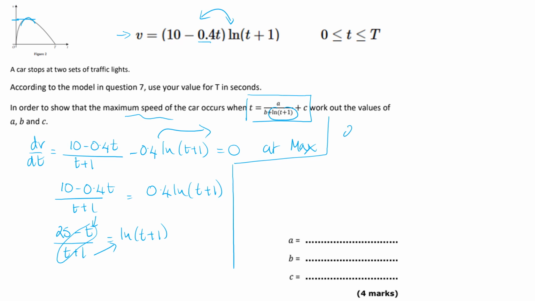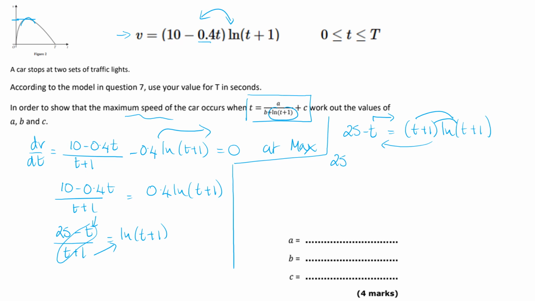So if I say 25 minus t is equal to t plus 1 times the ln of t plus 1, when you multiply both of those in, you're going to get an ln of t plus 1 and a t ln of t plus 1. I want to get all the t's to one side, so I'll take that t over and bring the term that doesn't concern t to this side.